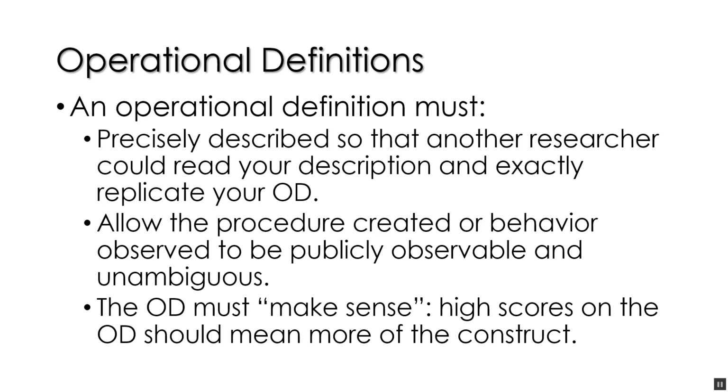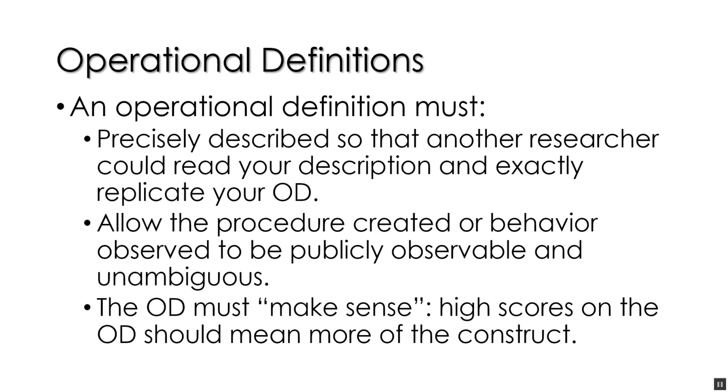If I say that I'm measuring helping behavior by whether or not a subject will move boxes, and how many boxes they'll move for a researcher if they request them to help move boxes around the lab, that would be something that's publicly observable. By unambiguous, I mean a couple different things. First of all, it has to be either or. It can't be, maybe this happened.